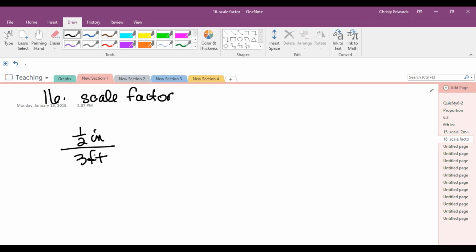This is super interesting what I'm about to do. The scale factor, having a fraction within a fraction, is about to be something we clean up. Let's do this. 0.5 inches to how many inches in 3 feet? If we're turning everything to inches.